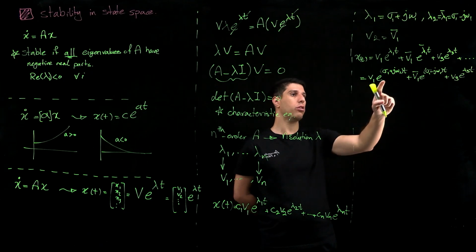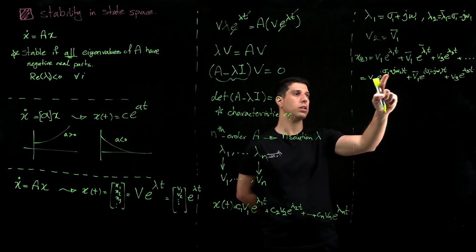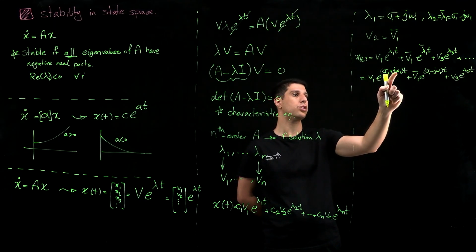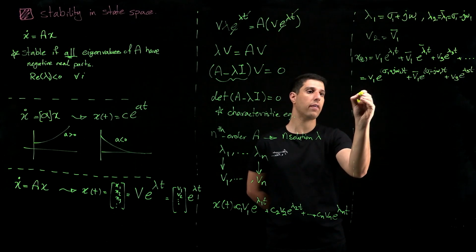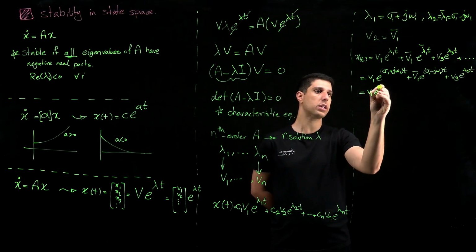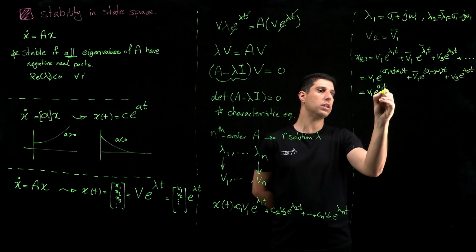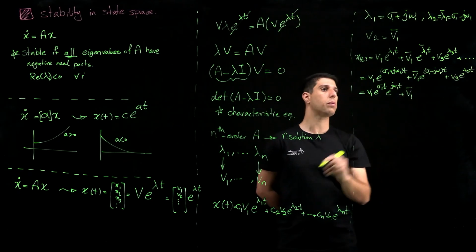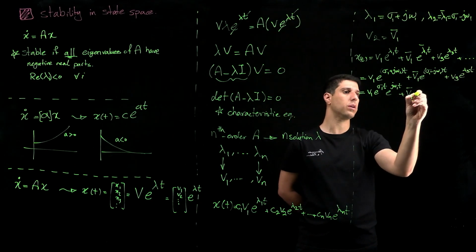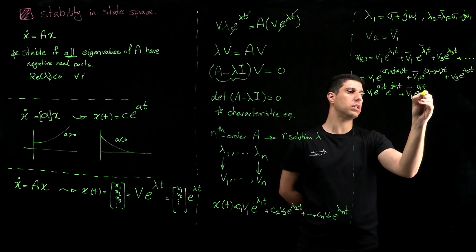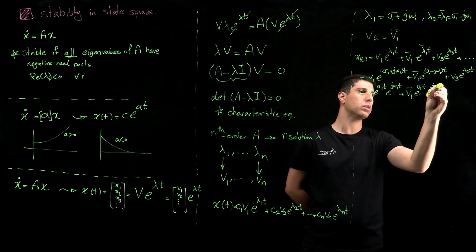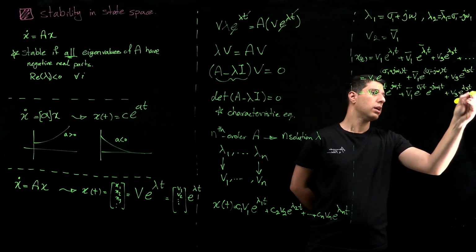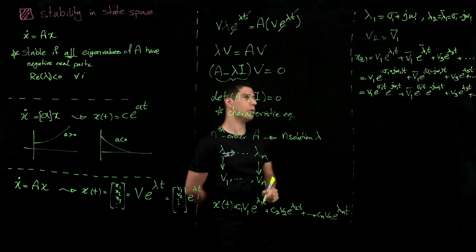Now I'm going to break this summation in the exponent into e to the sigma 1t times e to the j omega 1t. So I have v1 e to the sigma 1t e to the j omega 1t plus v bar 1 e to the sigma 1t e to the minus j omega 1t plus v3 e to the lambda 3t, and so on.